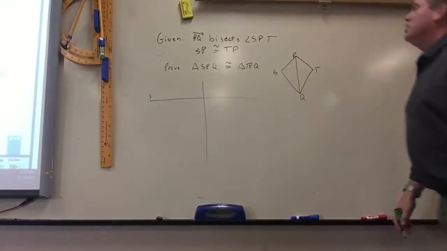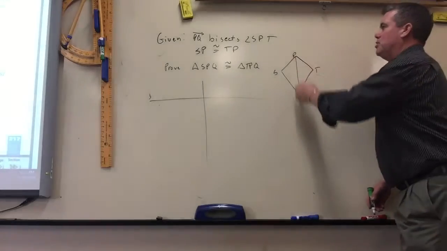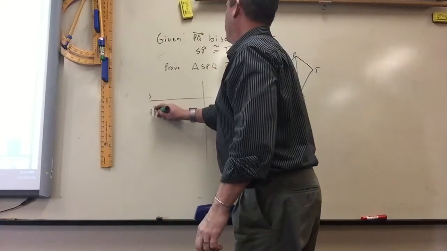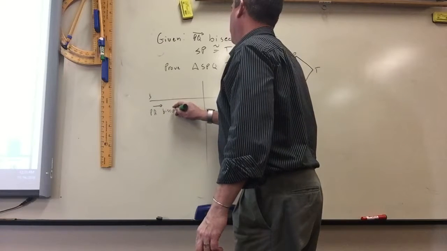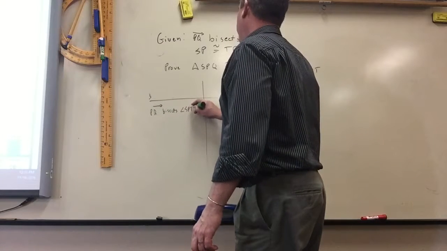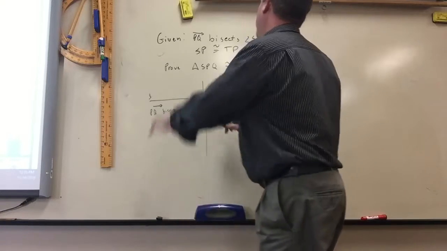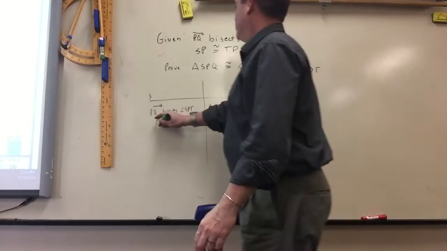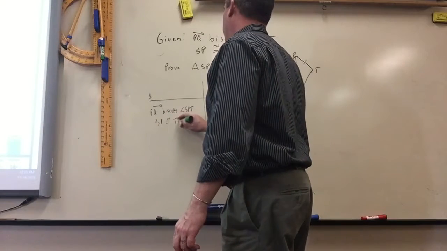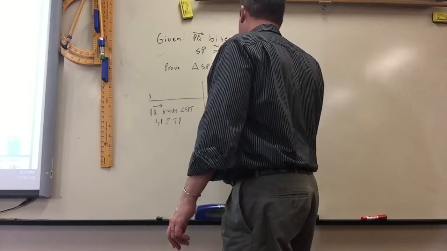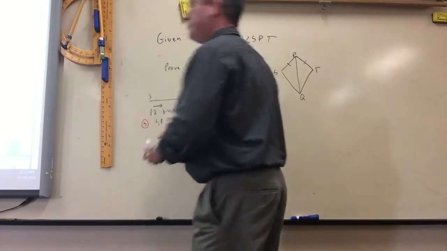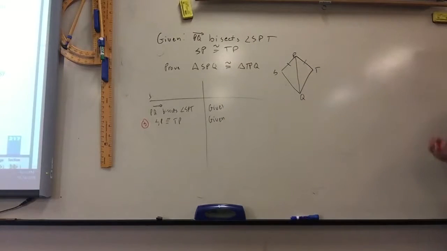Okay, so the two givens are that PQ bisects angle SPT. And that SP is congruent to TP. So, there, that gave us a side. Now, what else do you know is true in here, Aries?